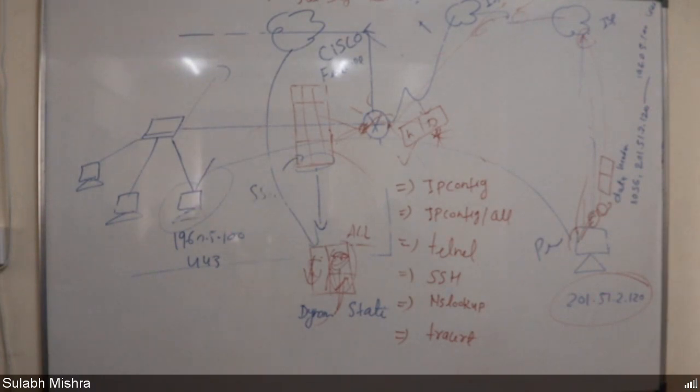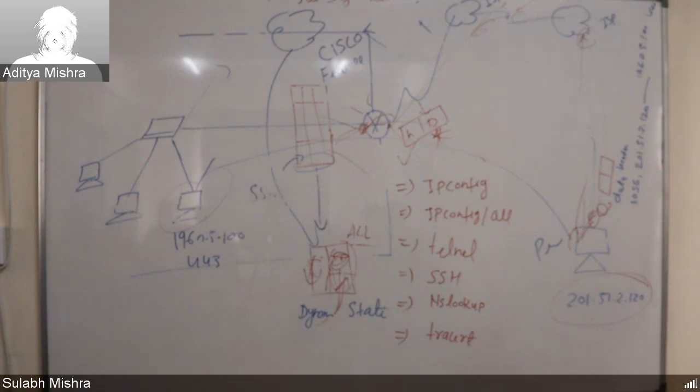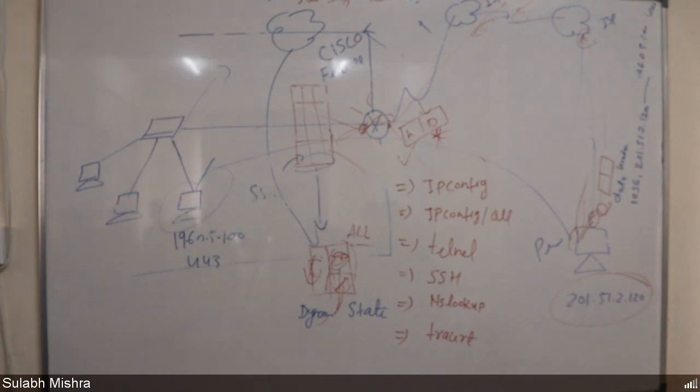These commands we can run from the black window, the command prompt, right? ipconfig /all, telnet, SSH, nslookup, tracert.